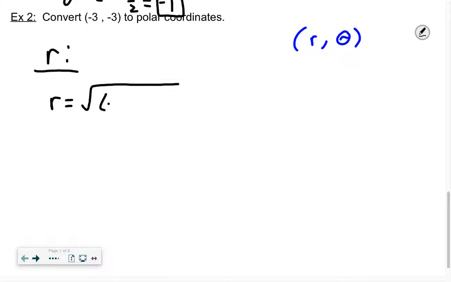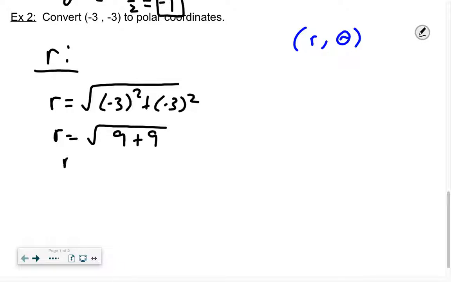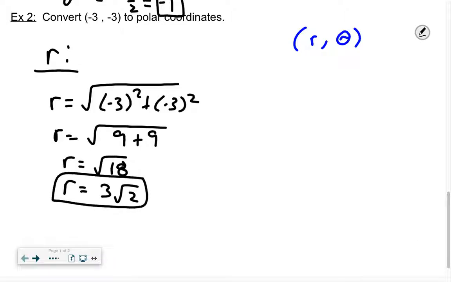X value is negative 3. Y value is negative 3. So it's telling us we got a distance of square root of 18. Can we break that radical down? Factors of 18 are 9 and 2. And what's the square root of 9? 3. There is our r value.